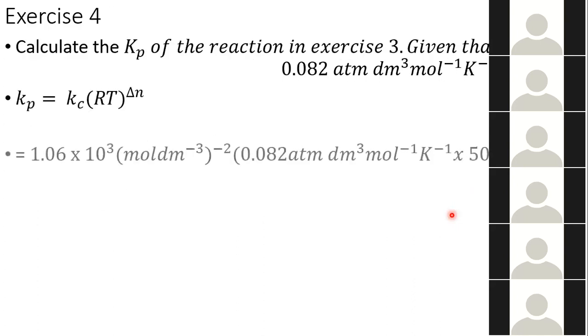What I did here was to rewrite the molar as mole per dm cube, and then raise it to the power -2. So it will affect only the unit. Then my molar gas constant is given to me as 0.082 atmosphere dm cube per mole per Kelvin. You multiply that by the temperature given in the question, which is 500 Kelvin, all to the -2. The change in number of moles is -2.